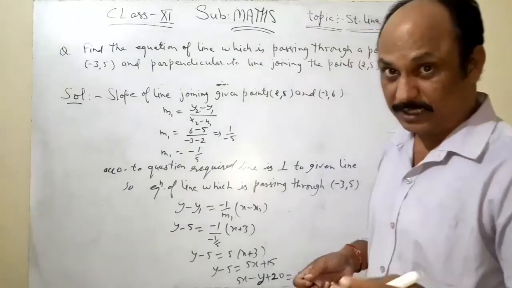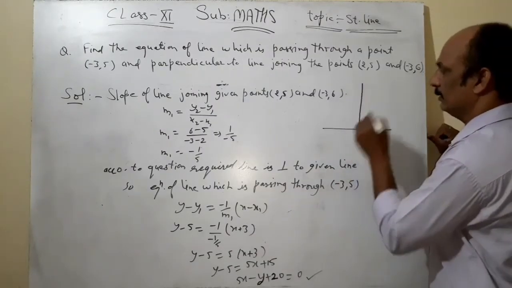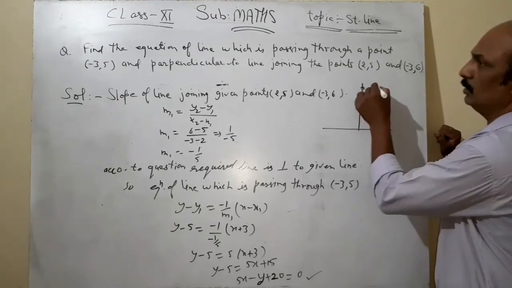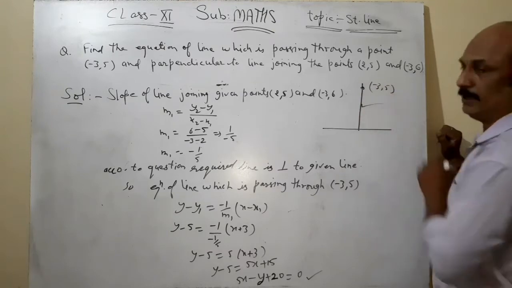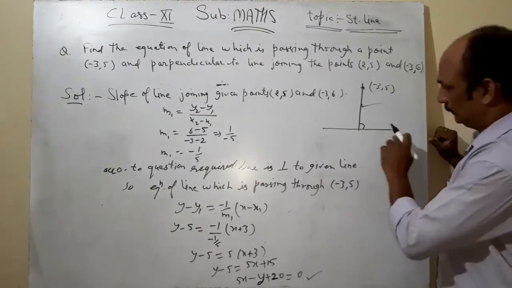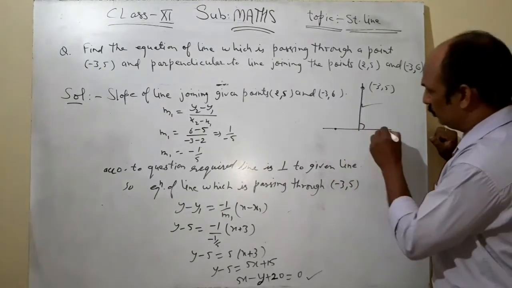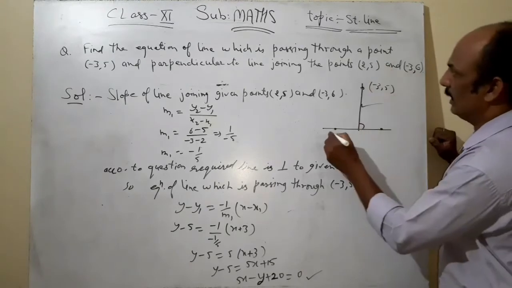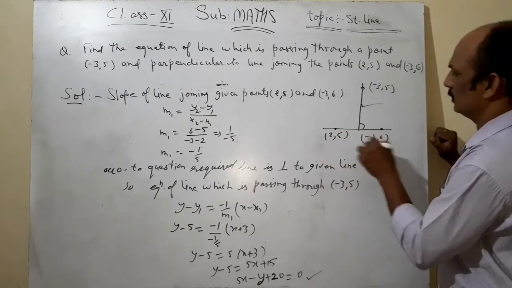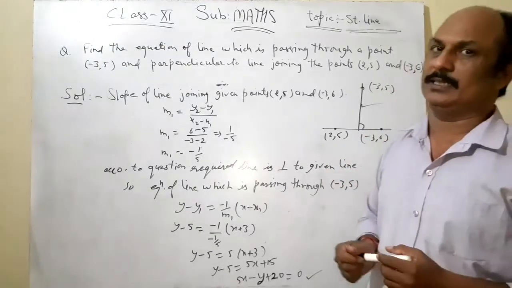For solution of this, first of all we want to find the equation of this line which is passing through point -3, 5 and this line is perpendicular to this line which is passing through two given points like 2, 5 and -3, 6. बेटा ये मैंने एक रफ डायग्राम बनाया है आपको क्वेश्चन को एक्सप्लेन करने के लिए.